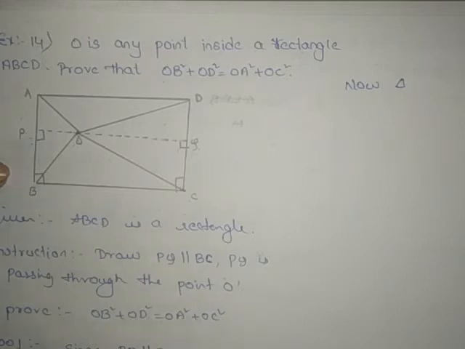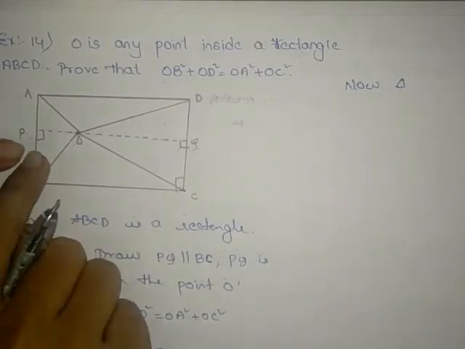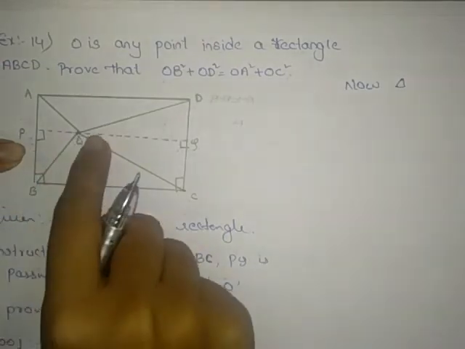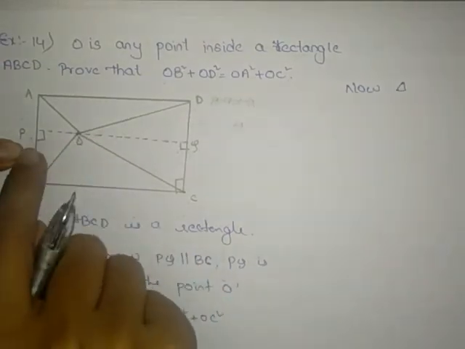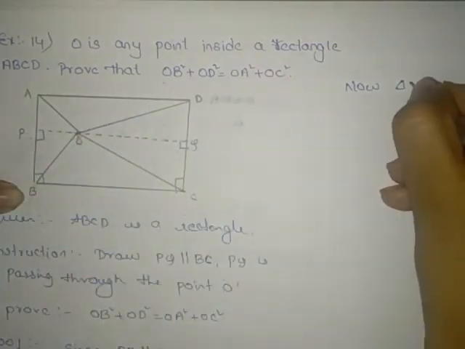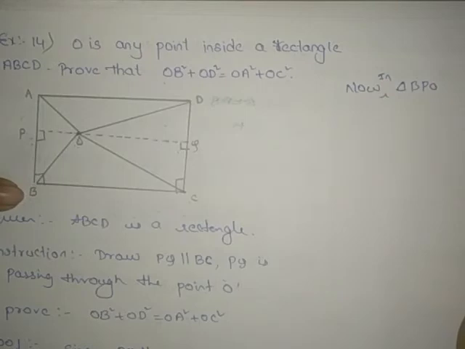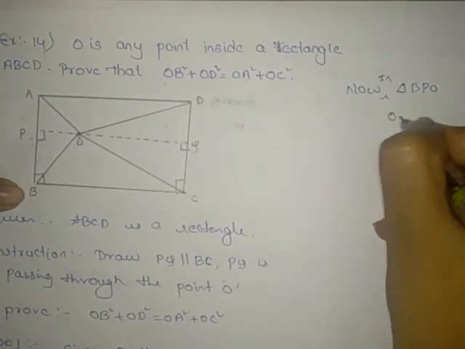Pythagoras theorem means we have to take a right angle triangle which consists of OB. Here triangle BPO is a right angle triangle which consists of the side BO, right? So we'll take this triangle BPO.